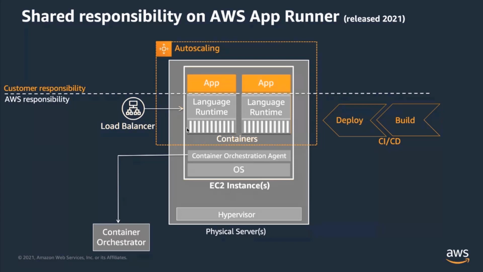We're also taking over responsibility of the load balancing infrastructure to distribute traffic across your containers, automatically scaling your containers as your traffic moves up and down, and also build and deployment infrastructure around your containers. So you, as the customer, can truly just focus on writing your application, and all of these ecosystem components, not just the compute layer, all the peripheral components are now handled behind the scenes by App Runner.